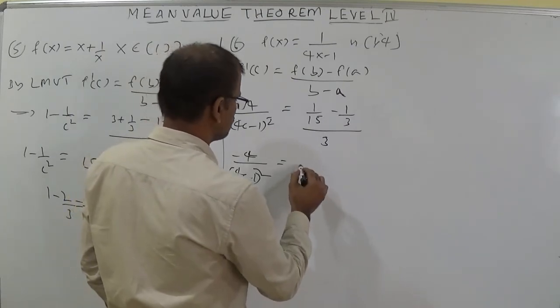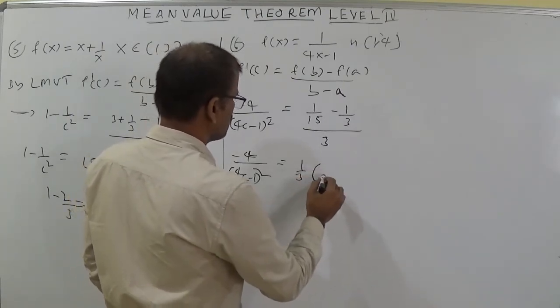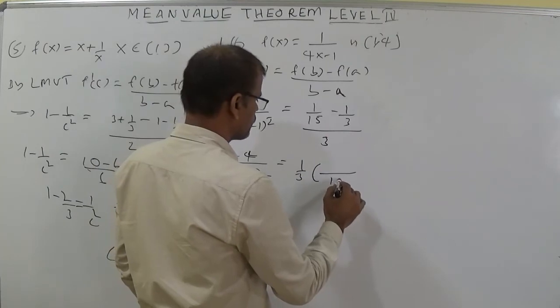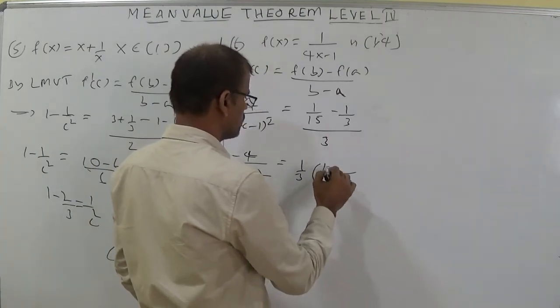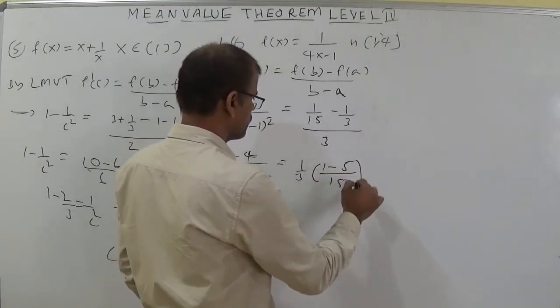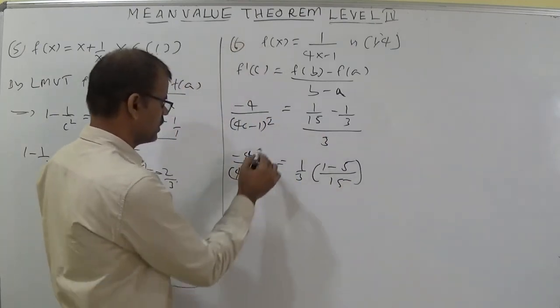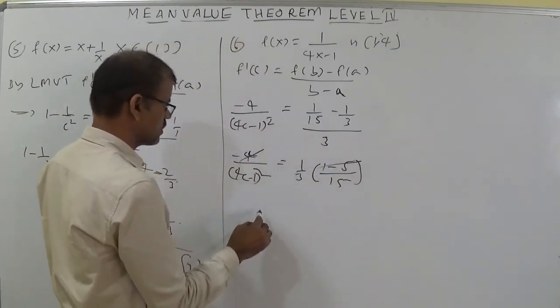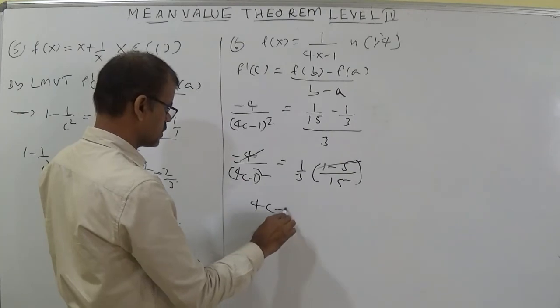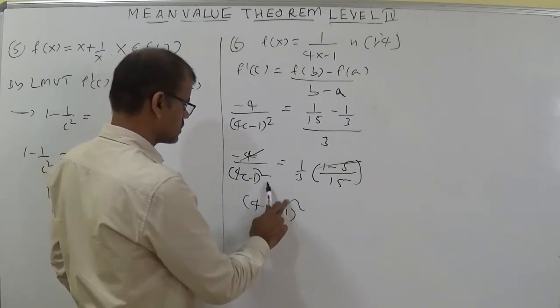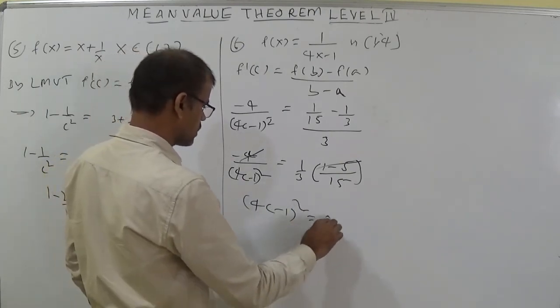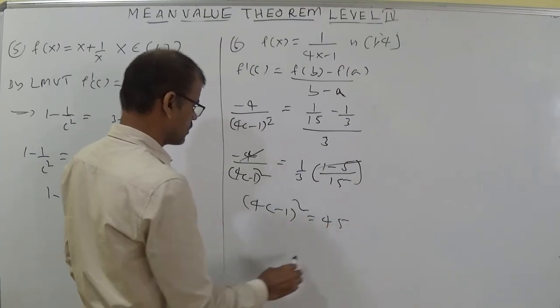Maybe LCM, 1 by 3 taken common, 1 by 3 taken common. 15 is the LCM, this is only 1, 3, 5 times, 1 minus 5. Minus 4 and minus 4 get cancelled. Now we can say here 4c minus 1 whole square is equal to 45. 3 15s are 45.